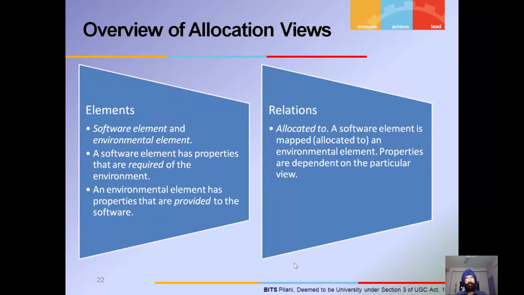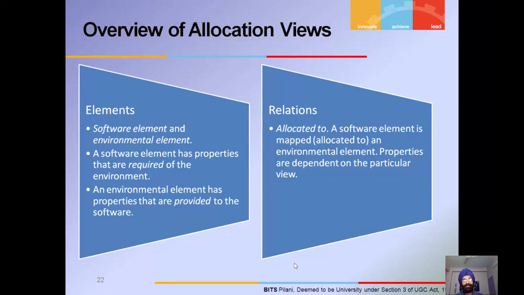Now, the next view is the allocation view. It's a dynamic view. It talks about the software element and the environment. It gives you the element properties that are required from the environment, and it also provides information about the properties that are provided to the software by the environment.